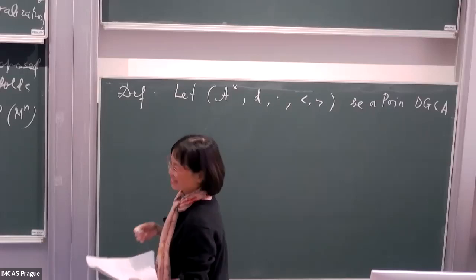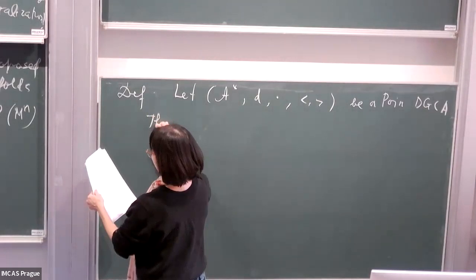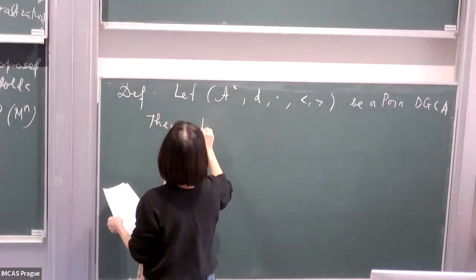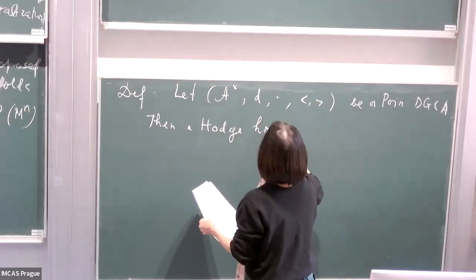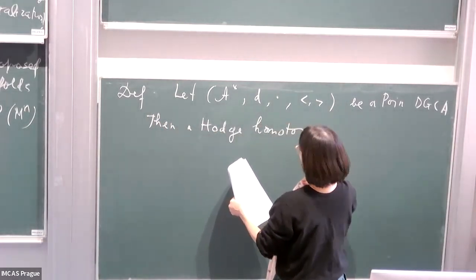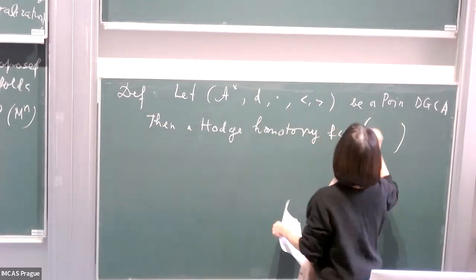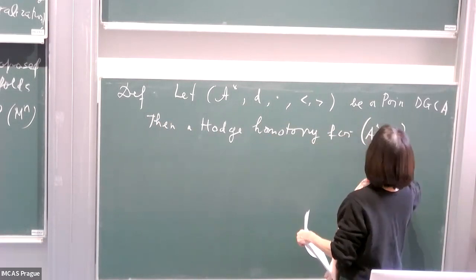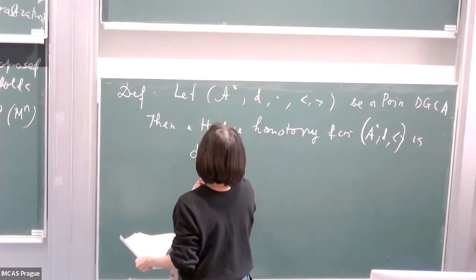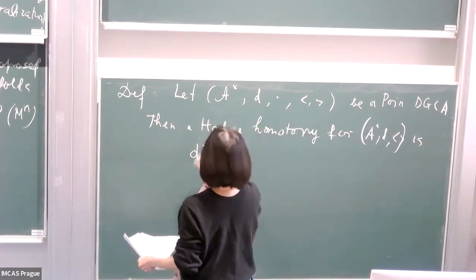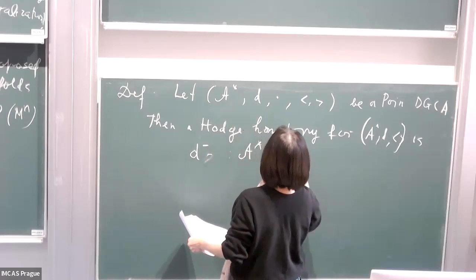Then a Hodge homotopy for this A, with the pairing, is an operator of degree -1 from A to A.